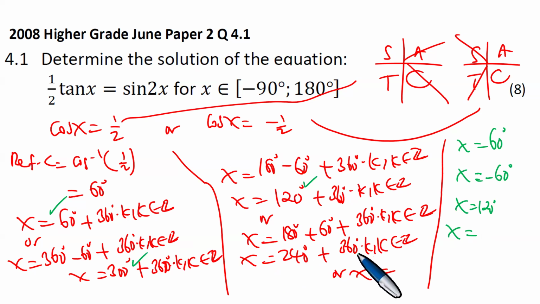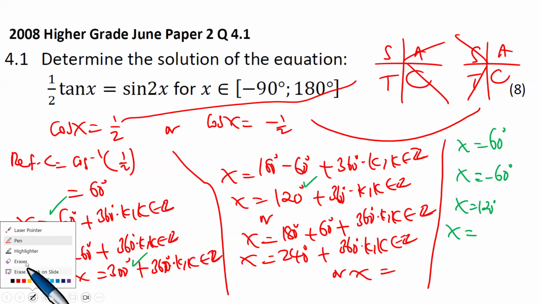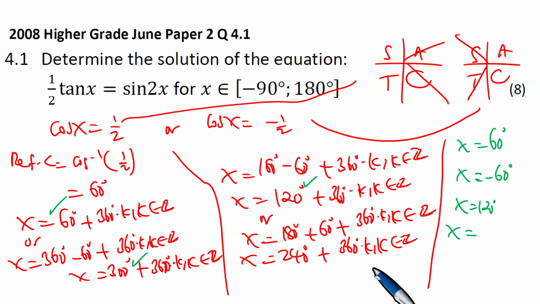When k is minus 1, minus 360 plus 240. What is minus 360 plus 240? It's minus 120. But minus 120 is outside. So, okay, we got those.